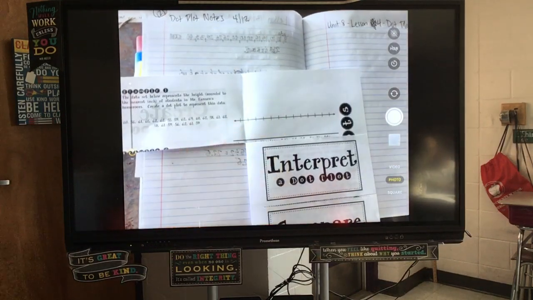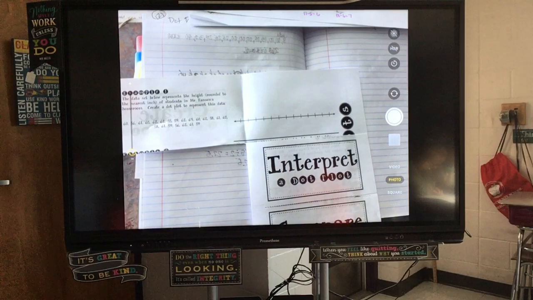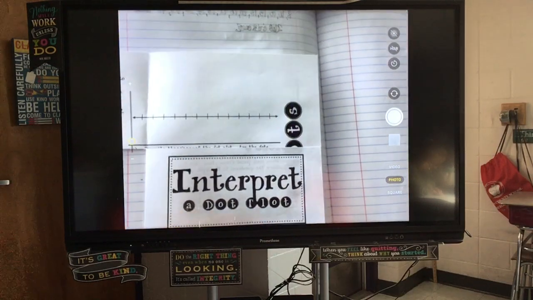I have a cheat sheet and I'm going to use it today, because if I don't, I'll mess up. All right, so again, we're putting our numbers in order from least to greatest.